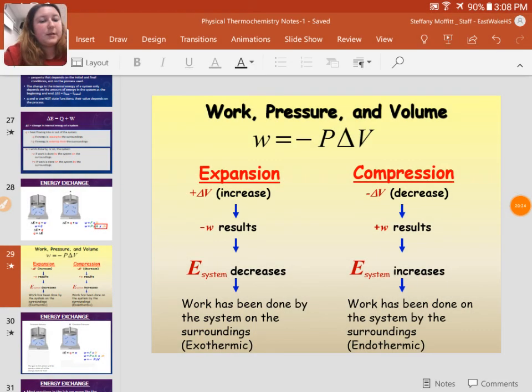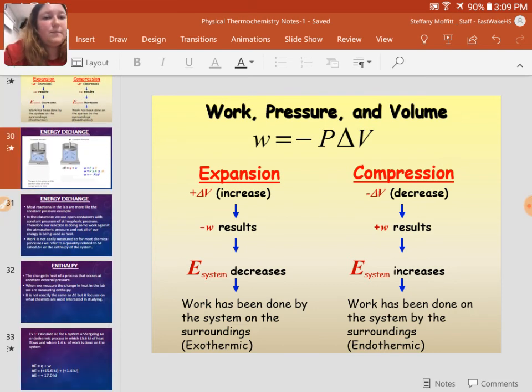If delta V is decreasing, so our volume is getting smaller, then our work is getting larger, and the energy on the system is going to increase because that force is going to increase. The work is being done on the system by the surroundings because we're pushing down from the surroundings onto the system, making it endothermic.